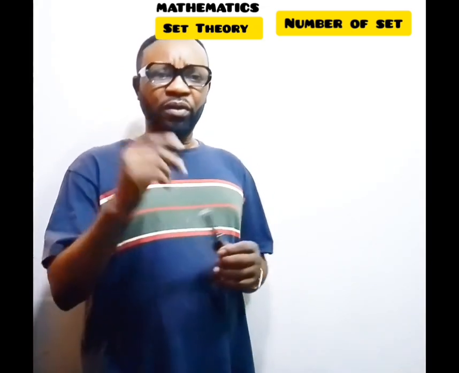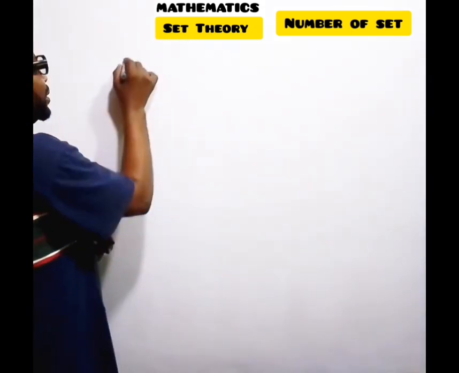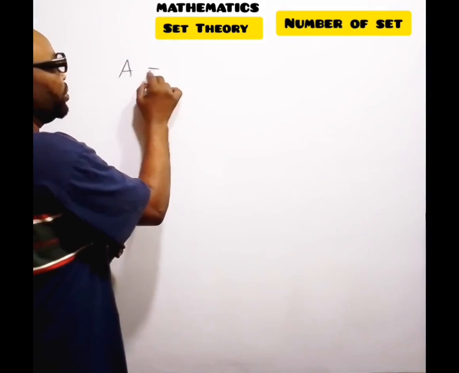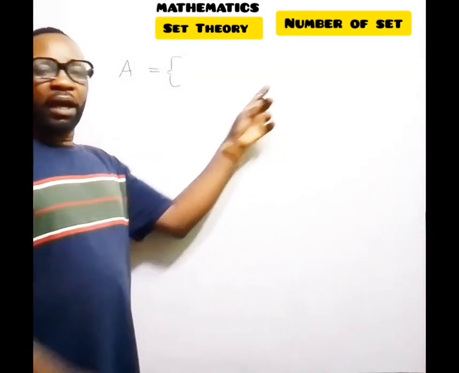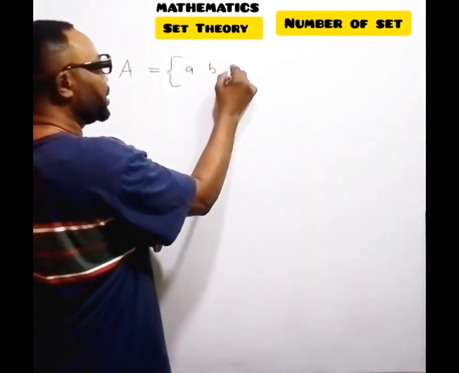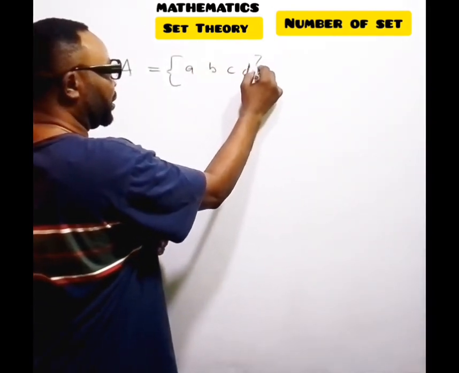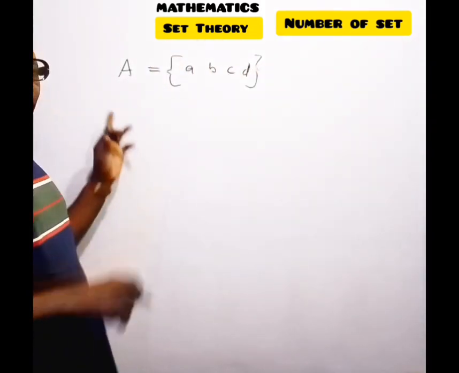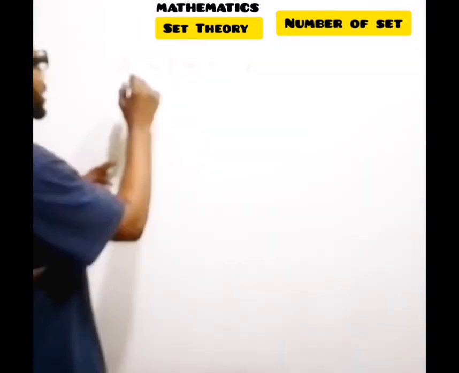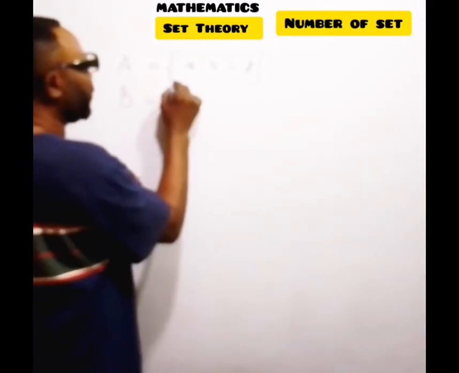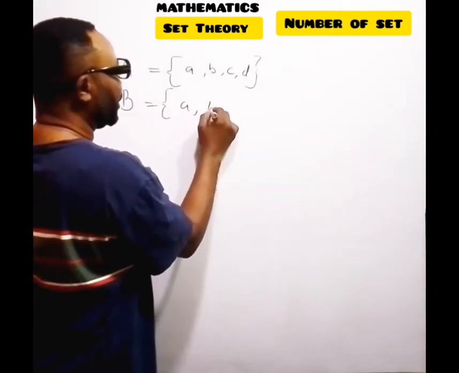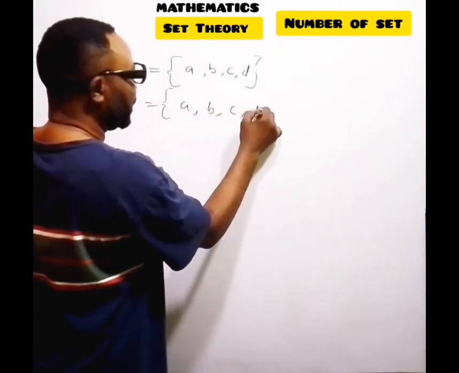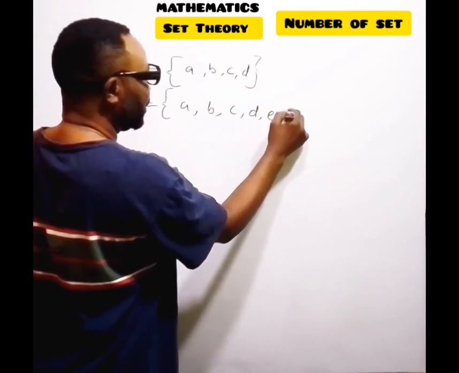Assume we are given a set A, and the elements in A are A, B, C, and D. We are also given another set B, with the elements A, B, C, D, E, F.